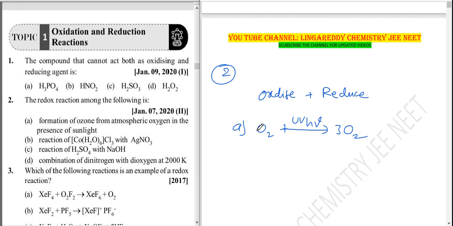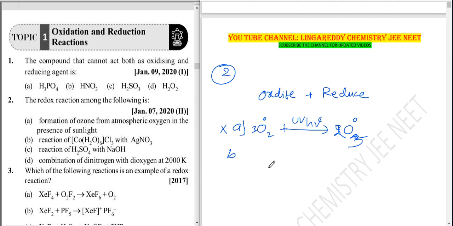Balancing the equation, 3O2 gives 2O3, right? So oxidation number here is 0, here also 0, so it is not at all redox, right?